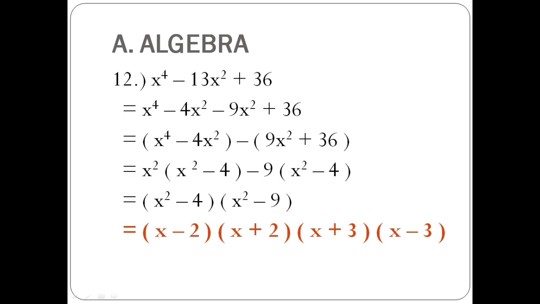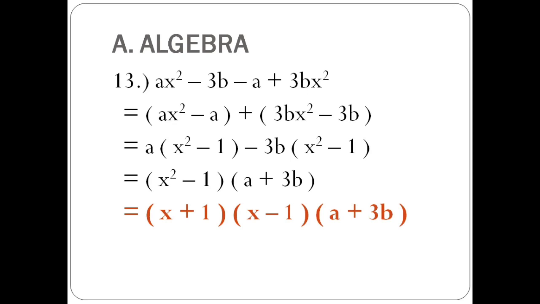So after that, we need to factor out the x squared minus 4. After we factor out, we need to use a squared minus b squared is equal to a minus b and a plus b to factor both expressions. The final answer is x minus 2 and x plus 2 and x minus 3 and x plus 3.